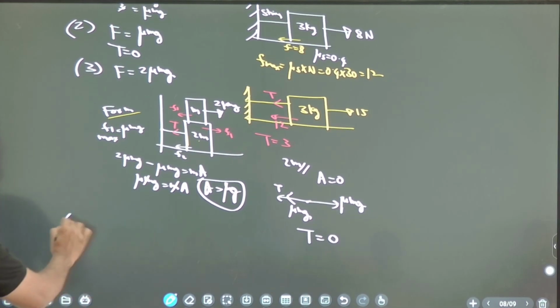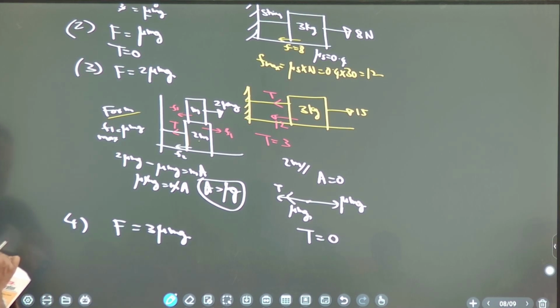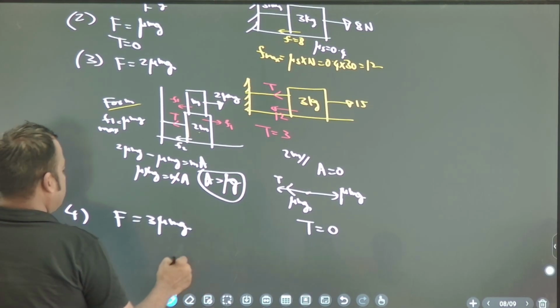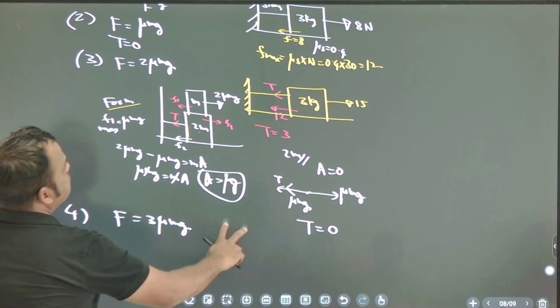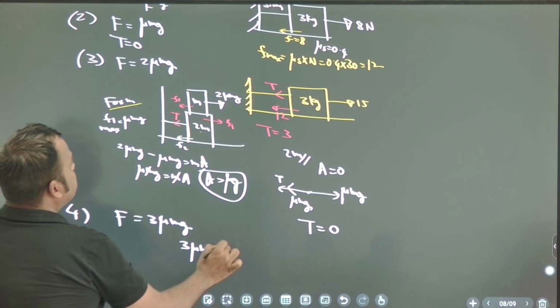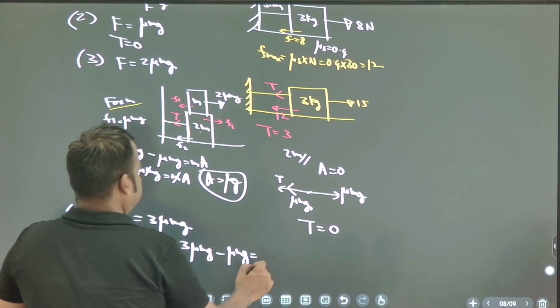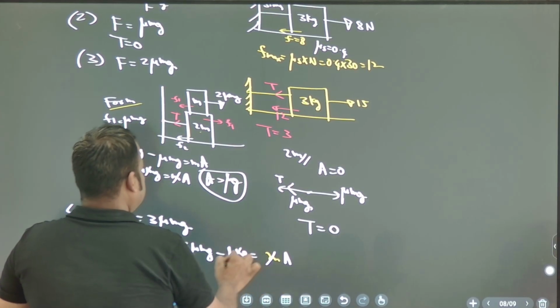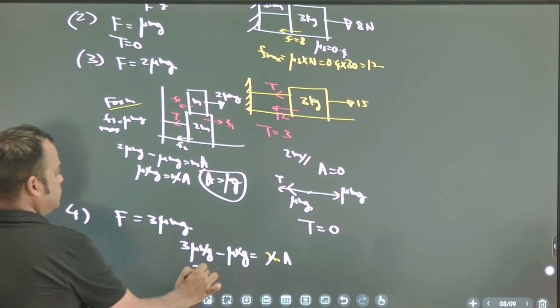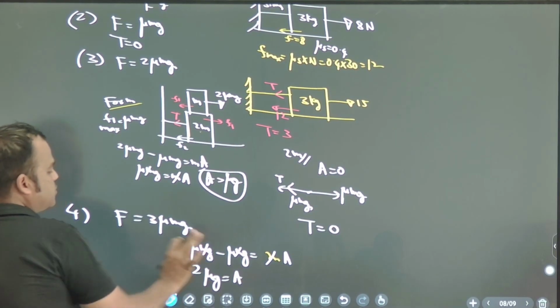Now fourth, F is 3 mu mg. So 3 mu mg minus mu mg is equal to ma. Two mu g is equal to a, acceleration is 2 mu g.